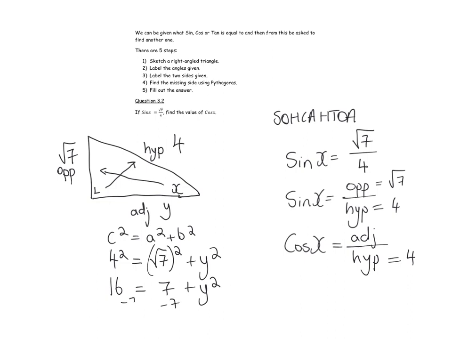Can take 7 from both sides, so we'll get 9 is equal to y squared. So then y is going to be equal to 3. So then the adjacent is 3. So then the cos of x is equal to 3 over 4. And that's the answer for this question.